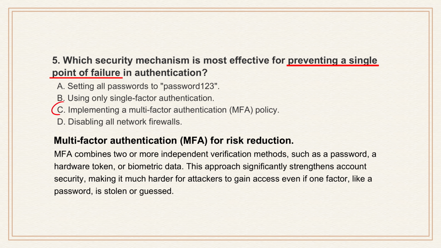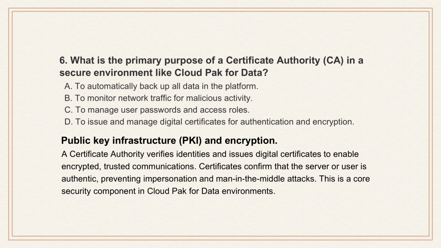So, okay, MFA handles who gets in. But what about the trust between components? Behind the scenes, how do all the different parts of Cloud Pak for Data talk securely to each other? Right. That's where a certificate authority, or CA, plays a crucial role. The primary purpose of a CA in a secure environment like this is to issue and manage digital certificates. Okay, digital certificates.